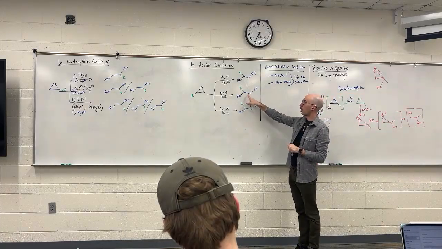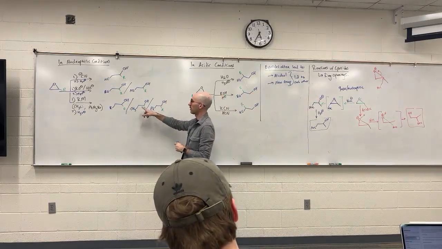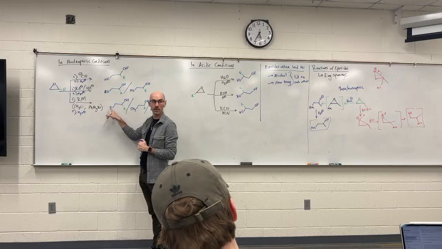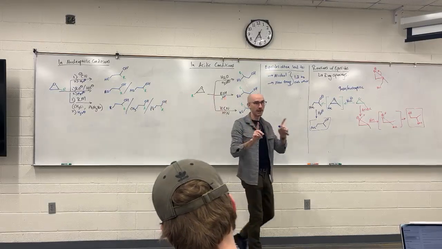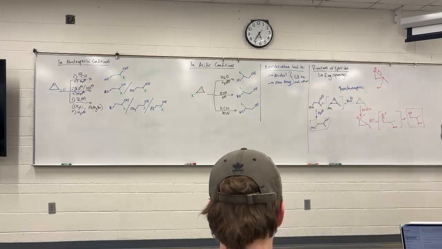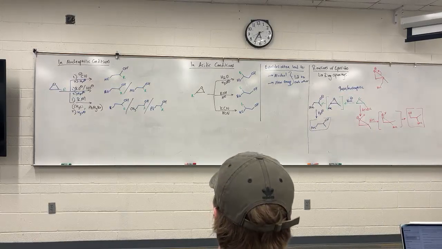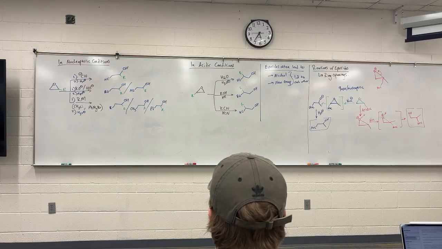Here I got an alcohol and an ether, and they're 1,2. Here I got an alcohol and a new carbon-carbon bond, 1,2 to each other. So it's this 1,2 pattern of an alcohol forming and a new group being attached that can suggest that an epoxide would be useful in that synthesis.